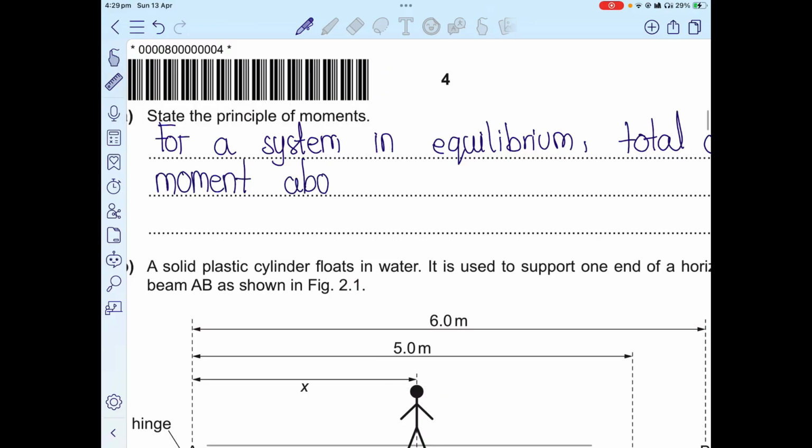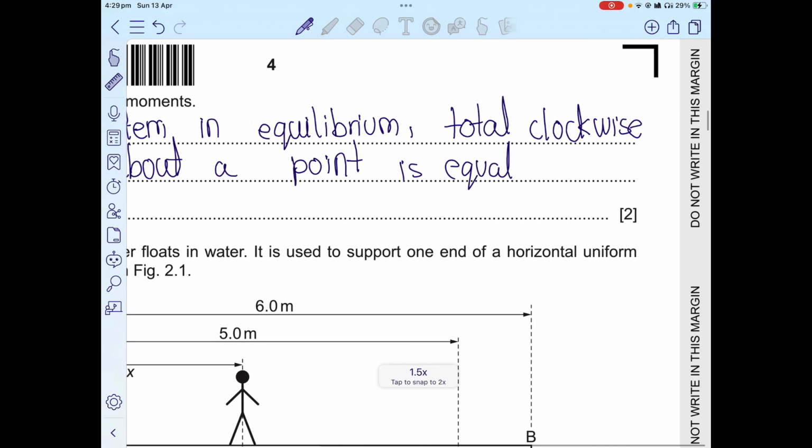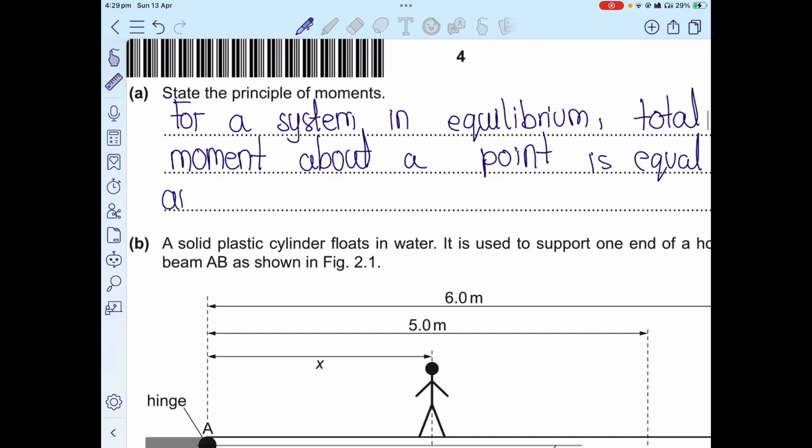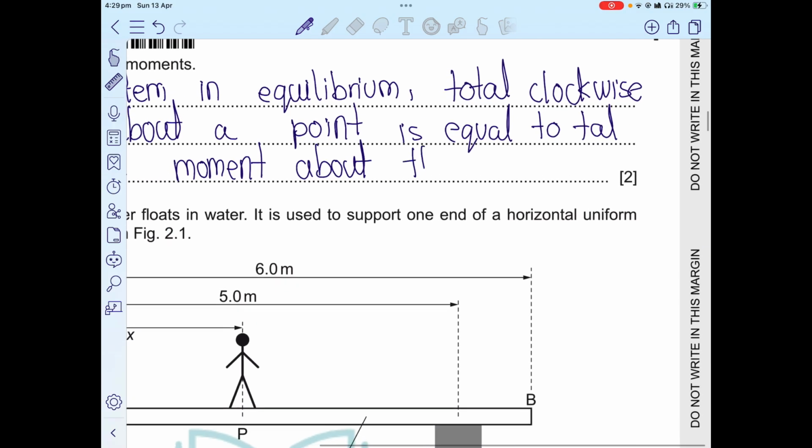about a point is equal to total anticlockwise moment about the same point.